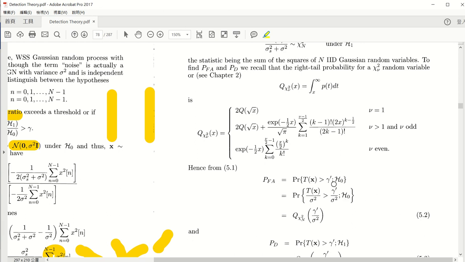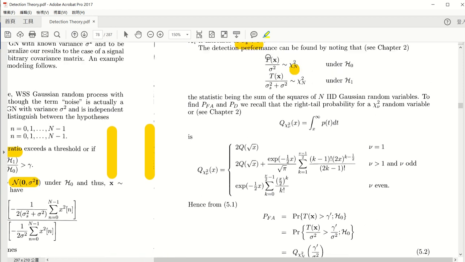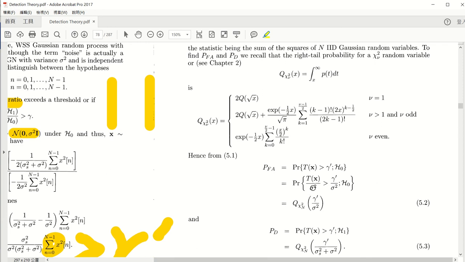And then conditioned on H0, of course, we can divide by sigma square. Why? Because we want to fit it into the standard chi-square form. As a result, we divide by sigma square: T of x over sigma square, gamma prime over sigma square. Then of course, for this to be chi-square distributed, we can use the right tail distribution right here.